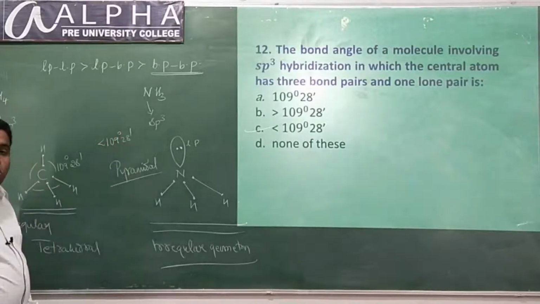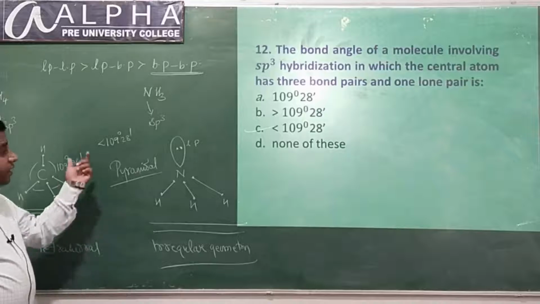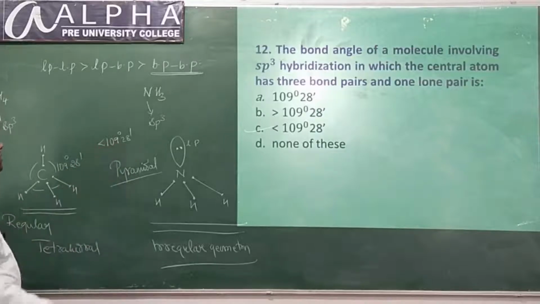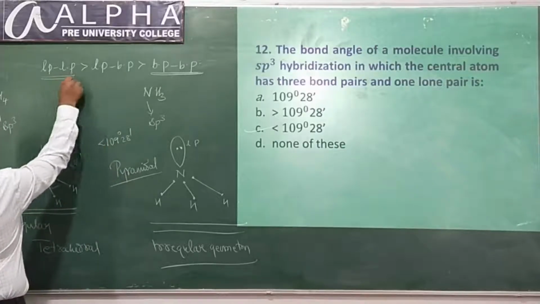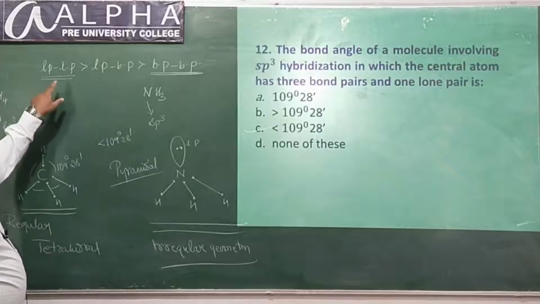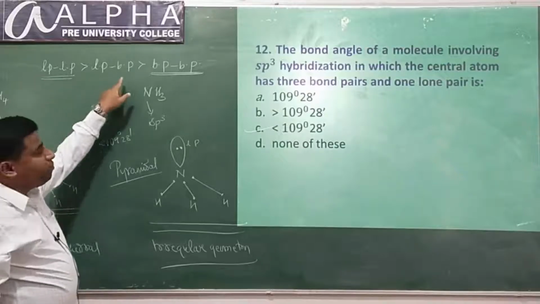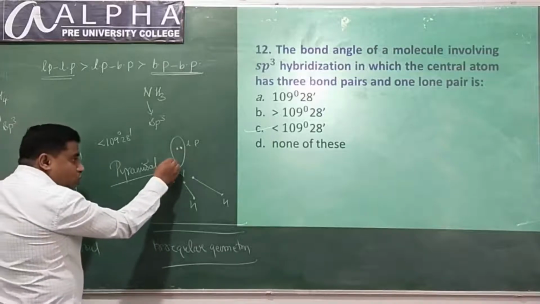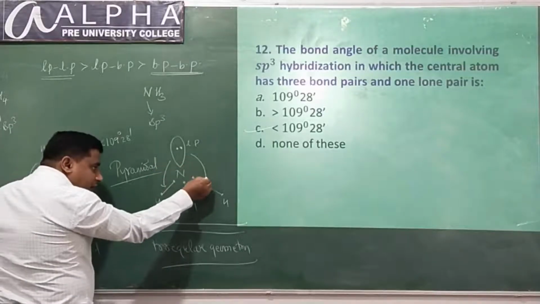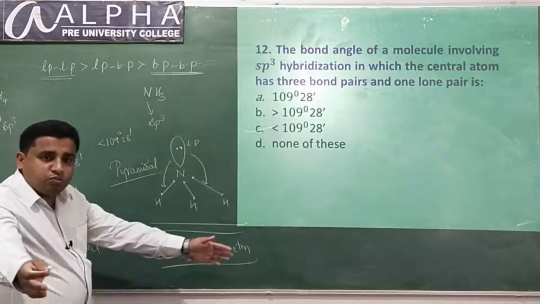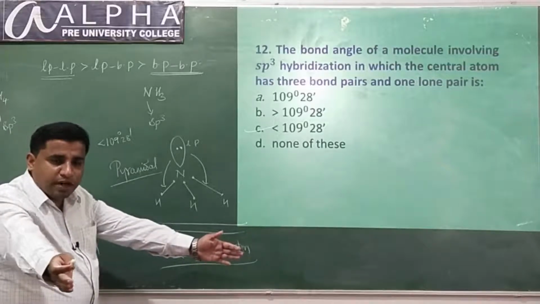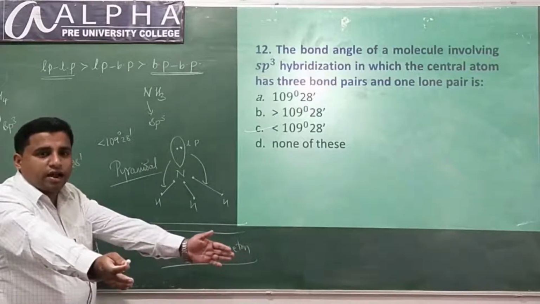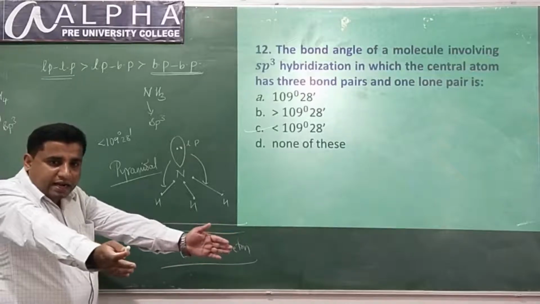Why is the bond angle less than 109 degree 28 minutes? Because consider the order of repulsion: lone pair repels more than lone pair-bond pair, which repels more than bond pair. Here there is more repulsion between lone pair and bond pair, so the bond angle gets contracted.